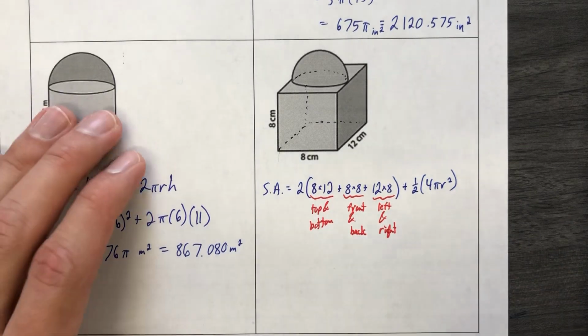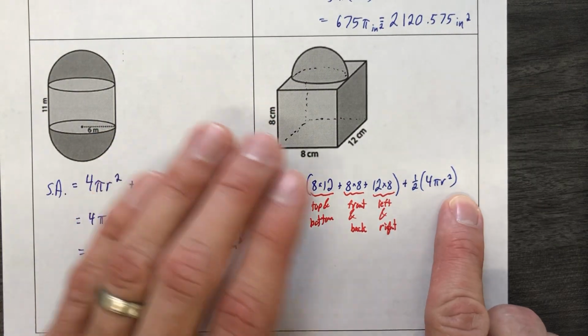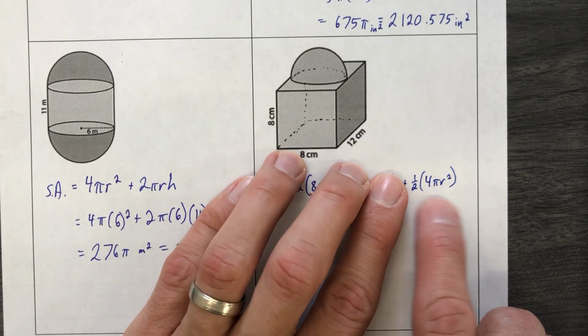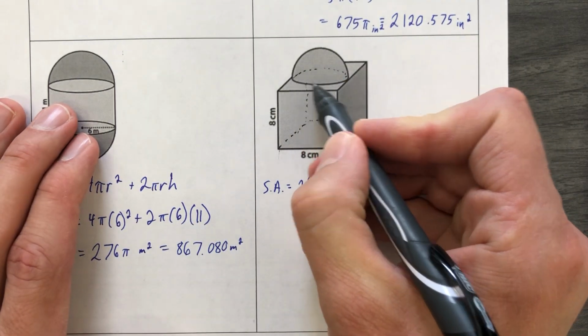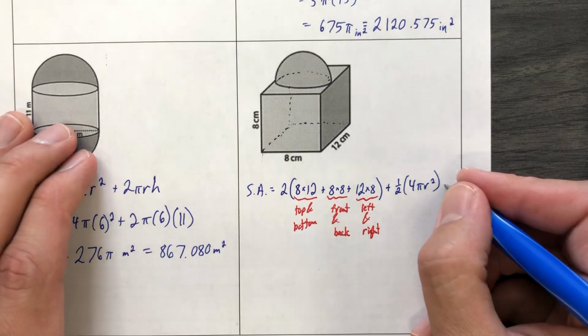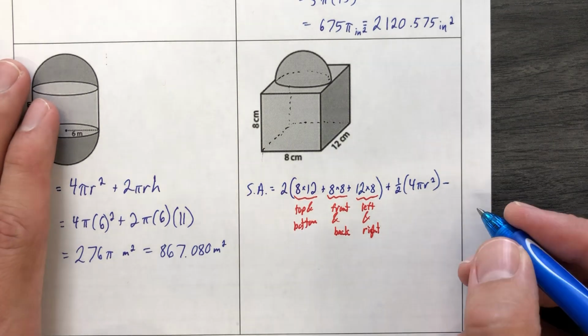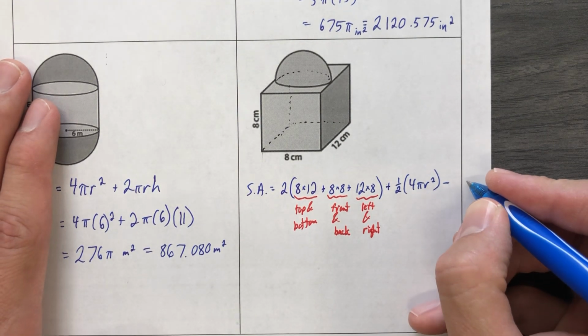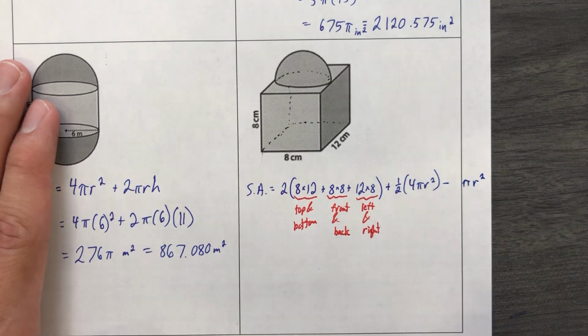Now, if I didn't have that hemisphere, I would just have this right here. Well, as soon as I plop that hemisphere down, here's the surface area of that dome, but we have covered up this circle. So we're not going to count that circle anymore, so let's subtract the thing that we counted a little bit too much of earlier. So pi r squared. So minus 1 pi r squared.